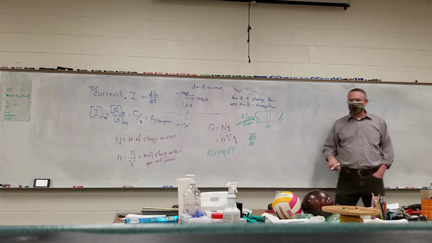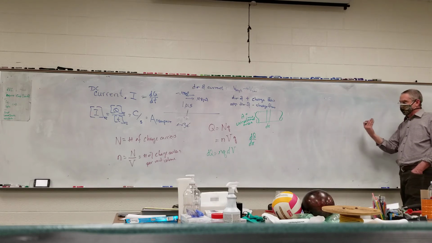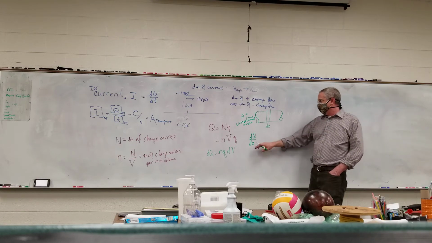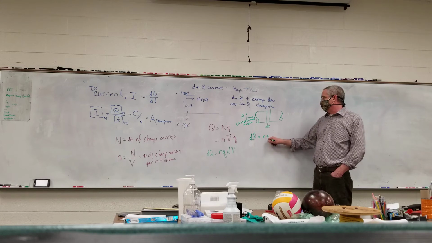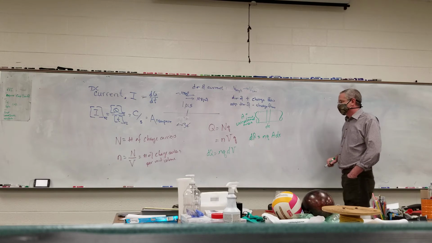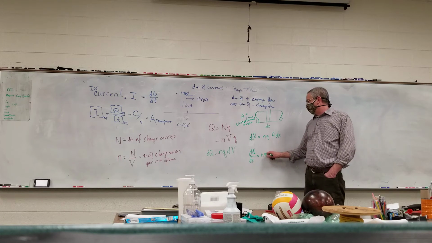And we'll just make dx the depth piece of it. So dq would be n q, well, my volume there is just my cross-sectional area times dx. And then, therefore, dq/dx equals nqA.